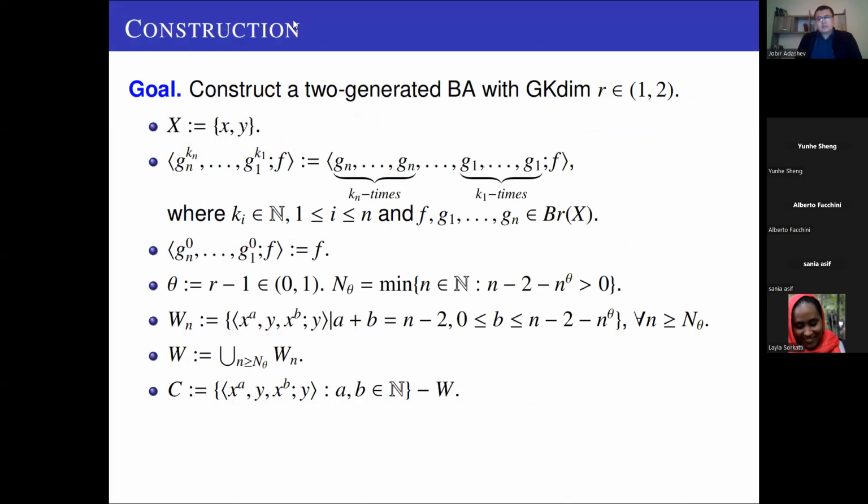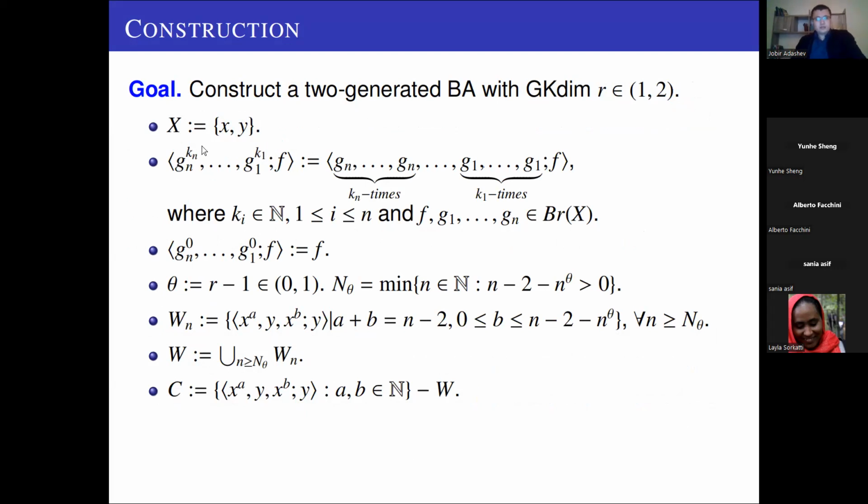Our goal is to construct a two-generated brace algebra with GK dimension r, some fixed r in the open interval from 1 to 2. Here we let X be the set of two letters, x and y. We use this notation, g_n to the power k_n.